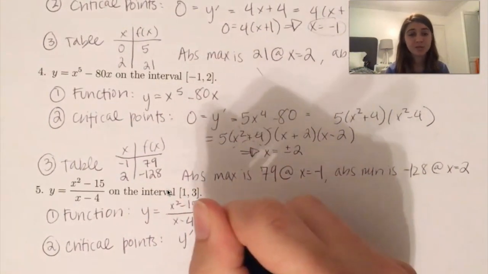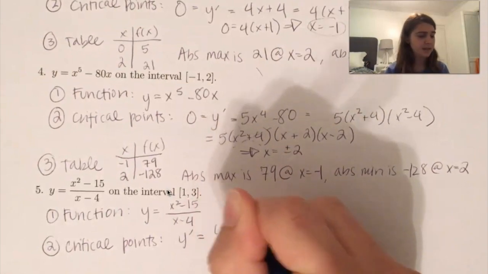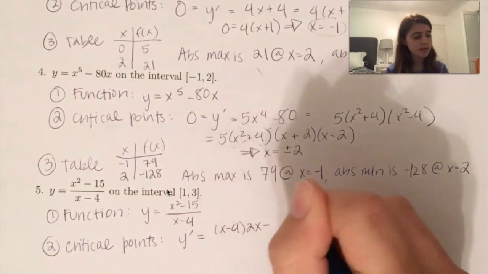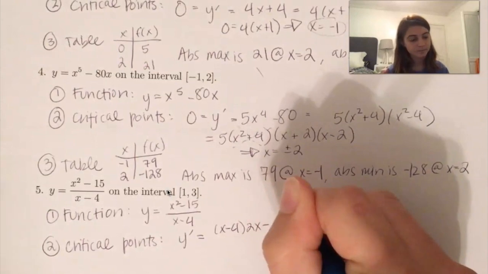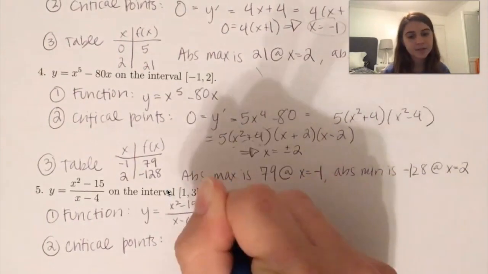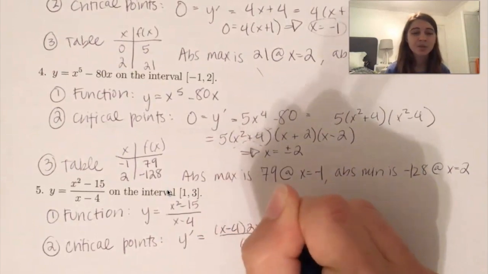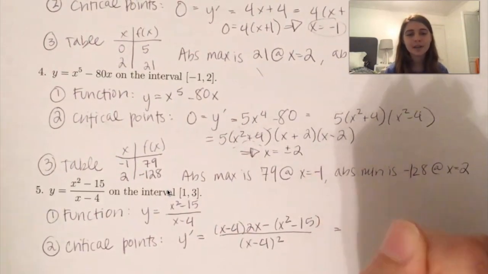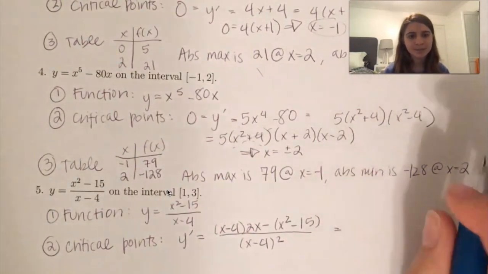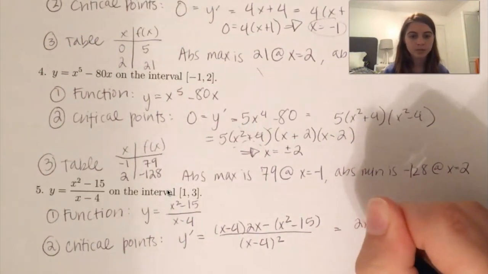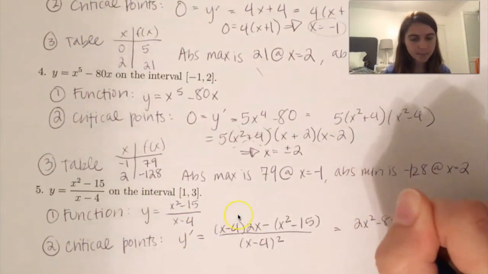Derivative, do that quotient rule, and you're going to get x minus 4 times 2x minus quantity x squared minus 15. And then all of that is over x minus 4 squared. That's a beautiful, beautiful derivative. Not. So let's simplify that. So first distribute this 2x.